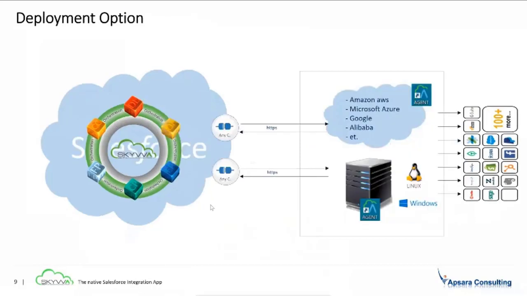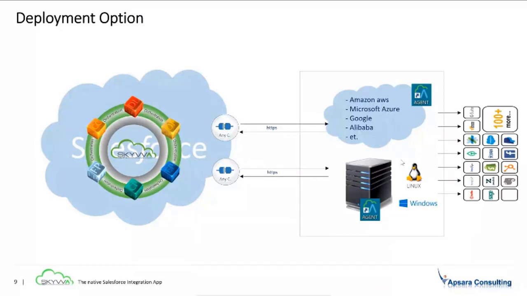So let's see here the deployment option. You can run the agent on Windows or on Linux on-premise, or you can run it on the cloud. If you are moving your IT infrastructure, your application landscape, into the cloud, you can also move the agent, the Any Connect, into the cloud.